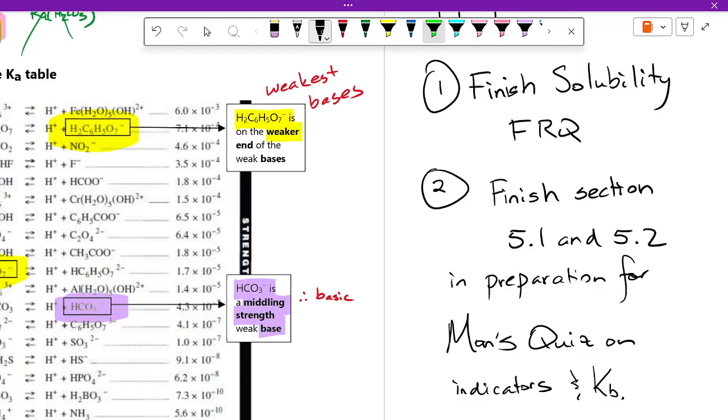Monday is on all of 5.1, so all of indicators, and 5.2, so Kb calculations in order to find pH, initial concentration of base, finding the Kb, finding Kb from Ka.